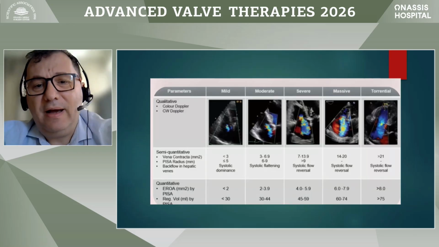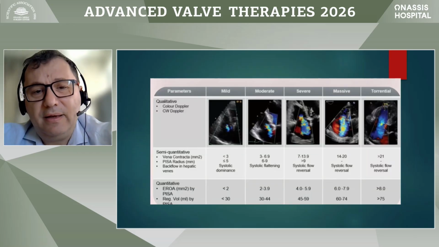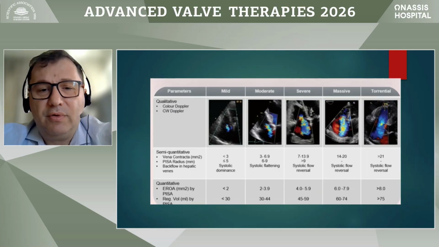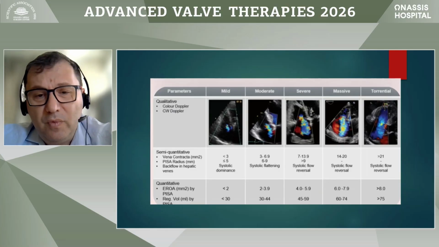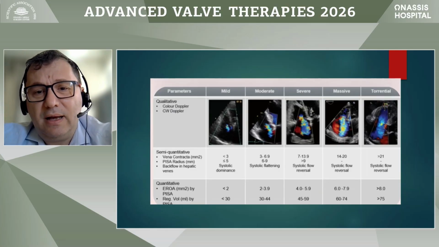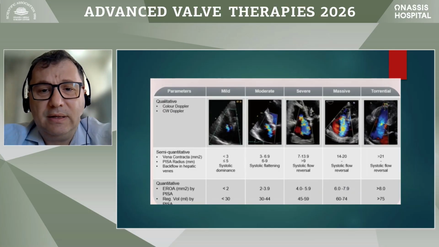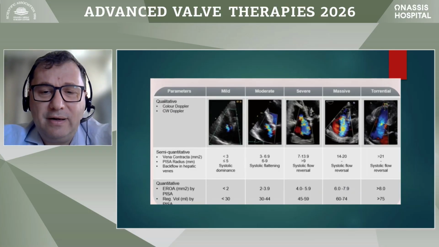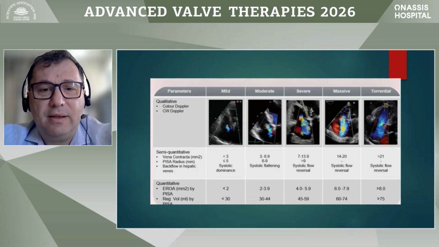We can quantify the tricuspid valve regurgitation with a transthoracic echo. If the vena contracta diameter is more than 7 to 14, then that's a severe one.